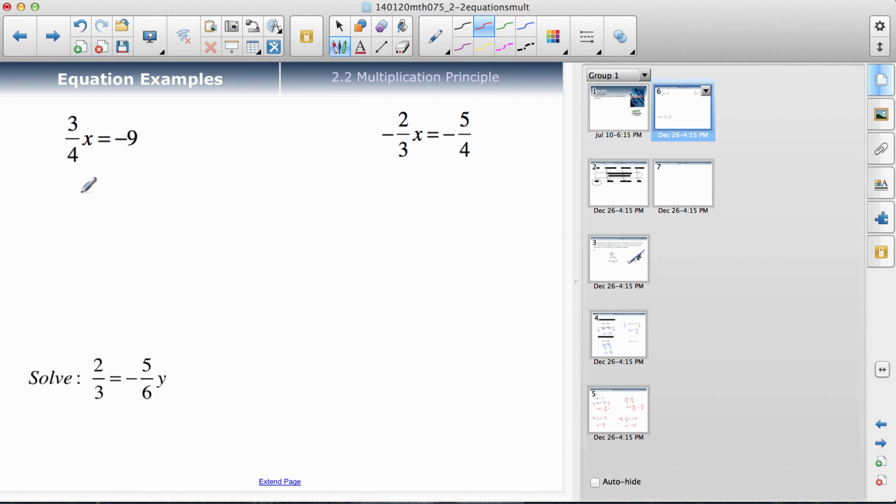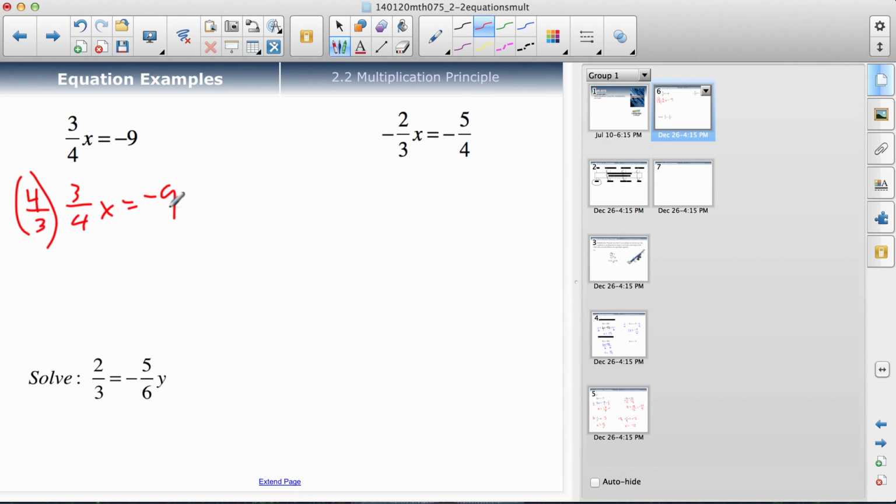Okay, to solve this one, I'm going to take the 3/4 x is equal to minus 9. And it looks like there's 2 things that you have to do there, right? You could divide by 3 and times by 4, but why not just multiply each side by the reciprocal? We said that that was okay. So the reciprocal of this is 4/3.